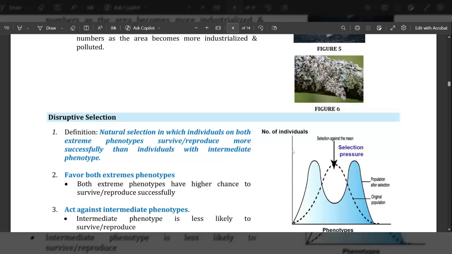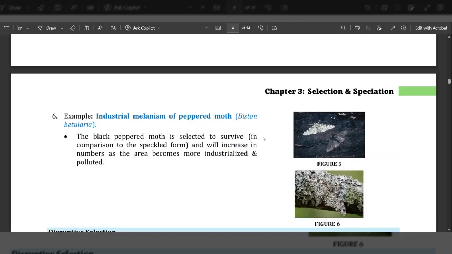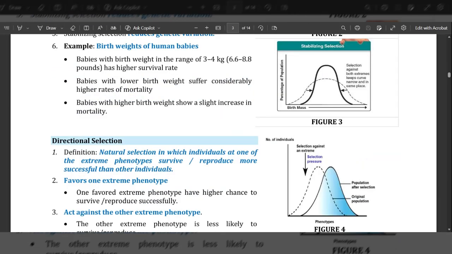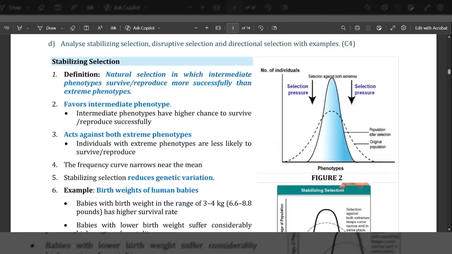We're going to discuss in more detail how to draw the graphs in the next video. In this video, we're going to go into the definition of each type of selection, and also which are the favorable phenotypes and which are the non-favorable phenotypes.